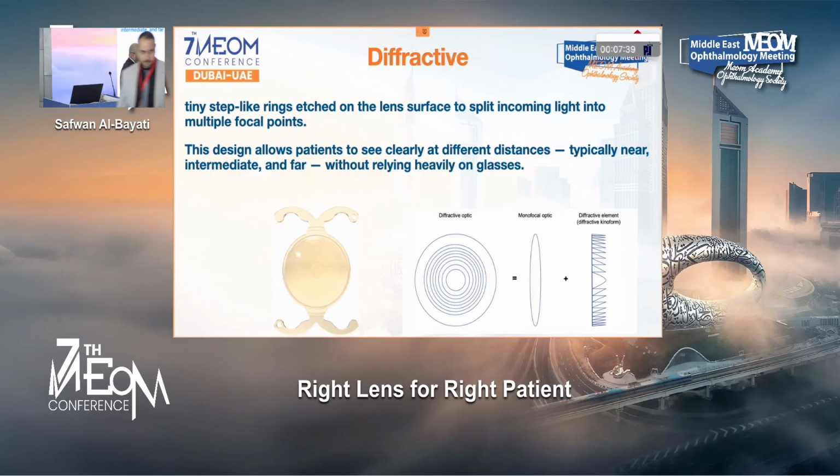Whatever modification the companies make here, spiral or apodizing or changing the angulation, it will take part from the near. But still, it didn't solve the halos. So halos are one of the important issues. So asking whether the patient drives at night is an important question before talking to the patient.